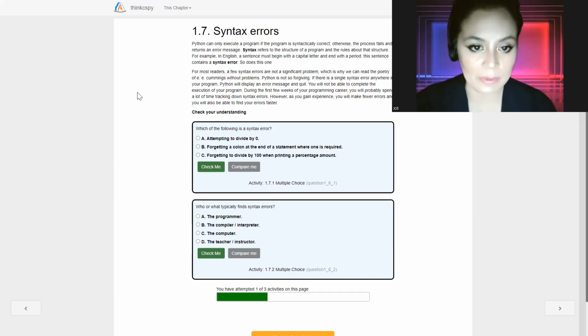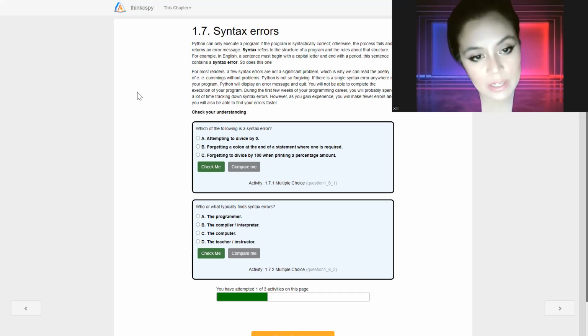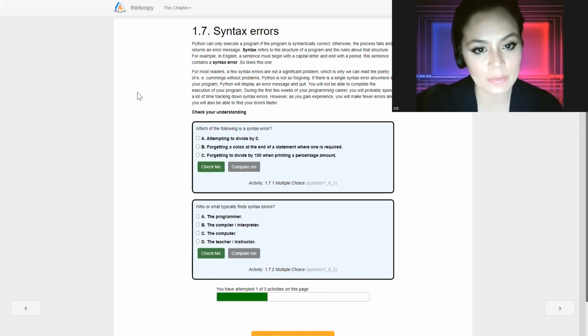So does this one. For most readers, a few syntax errors are not a significant problem, which is why we can read the poetry of E.E. Cummings without problems. Python is not so forgiving. If there is a single syntax error anywhere in your program, Python will display an error message and quit.